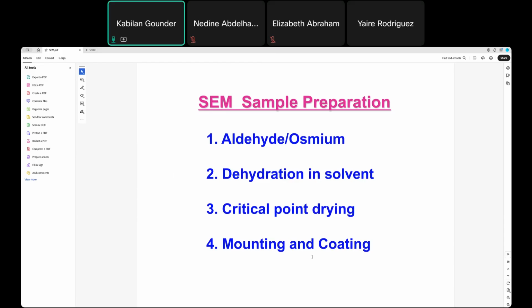Instead of staining, you coat your sample, then observation. So here the basics are 4 steps: fixation, dehydration, critical point drying, that is to dry the sample before you coat it, and then mounting and coating. So these are the 4 important steps for scanning electron microscope.